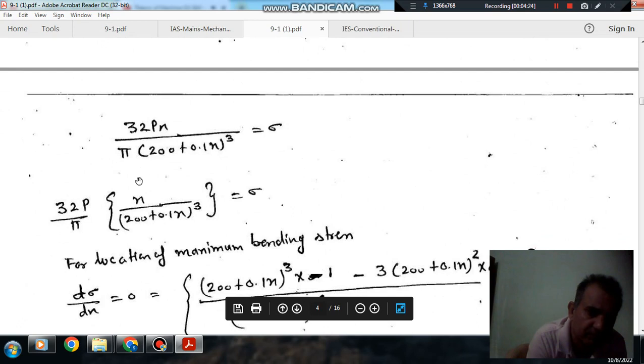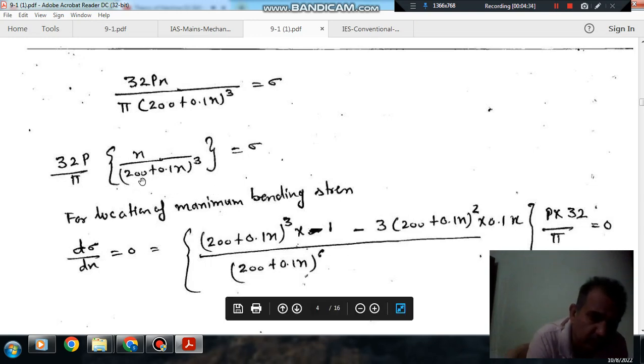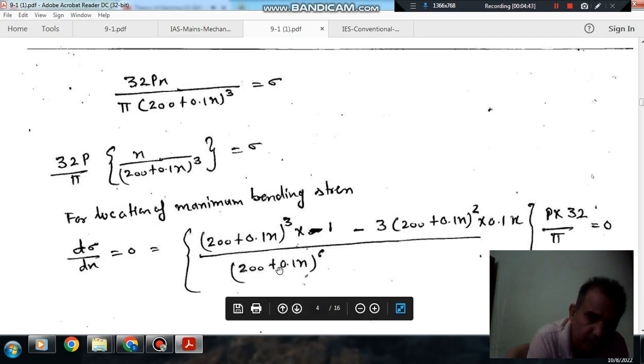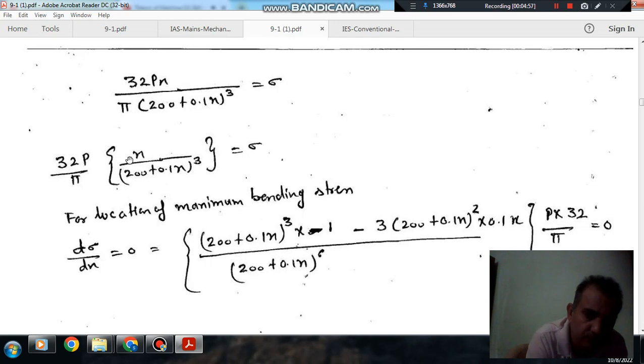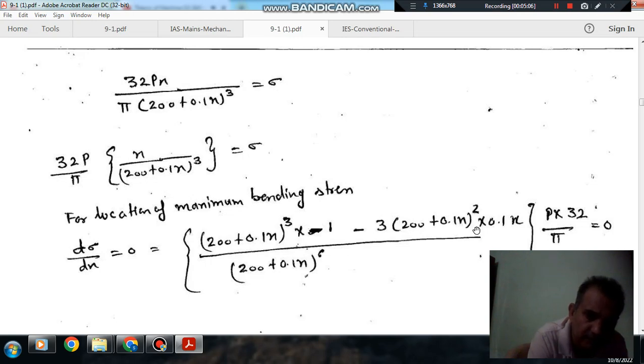Now differentiating with respect to x using the divide rule, this quantity is constant, so we keep it the same. In the divide rule, the denominator will be (200 plus 0.1 x) cube whole square, so it will be (200 plus 0.1 x) to the power 6. Now we keep this term the same, (200 plus 0.1 x) cube, and differentiate x, which will be 1. Now we keep x the same and differentiate this, so it will be 3 times (200 plus 0.1 x) whole square, and its differential is 0.1.